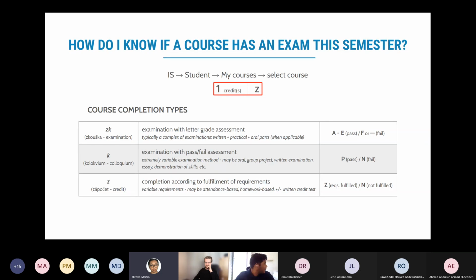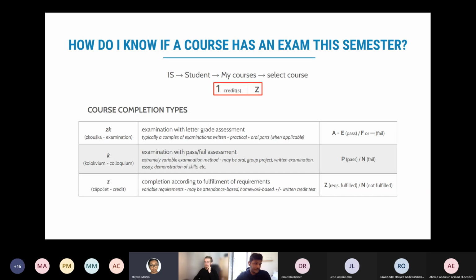Many courses, like lectures, just have a Z, which stands for credit, and all that means is that there may or may not be some requirements necessary to fulfill that credit. Sometimes it's attendance-based, like in seminars, or sometimes there's some homework. For Czech, for example, usually in the autumn semesters, it's a credit test and homeworks and things like this.